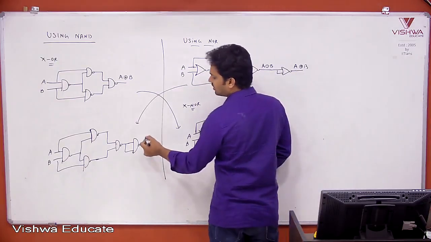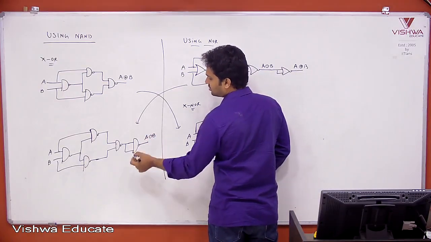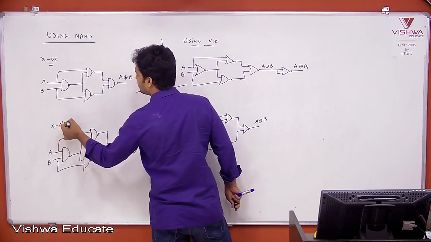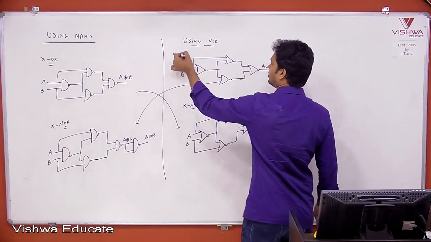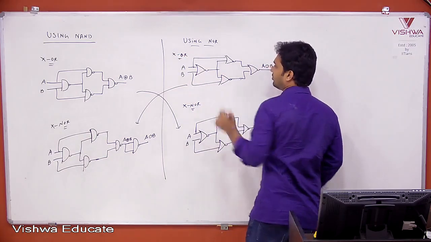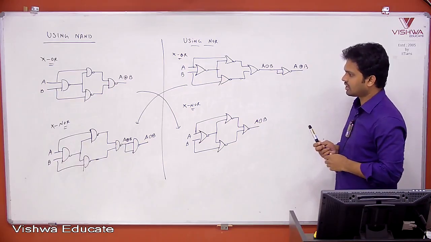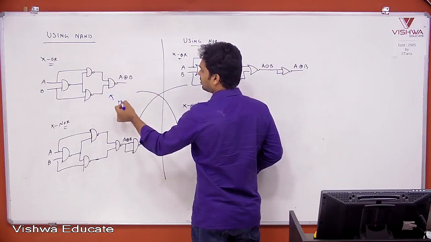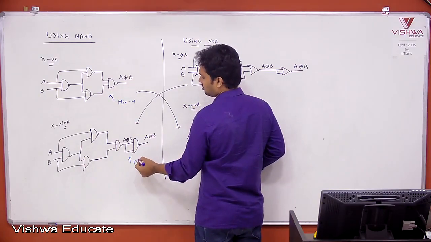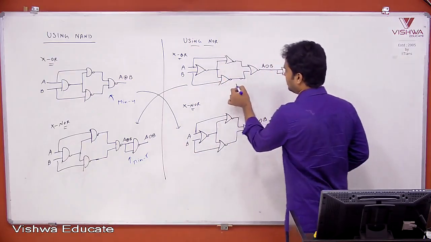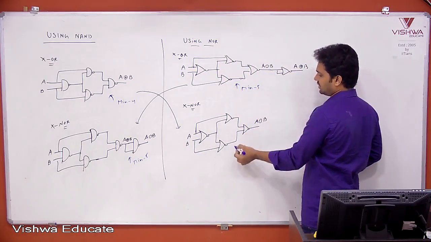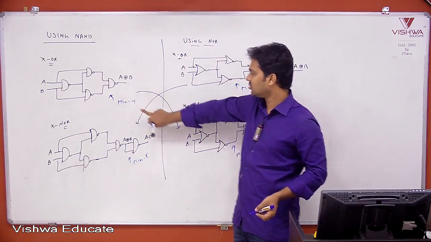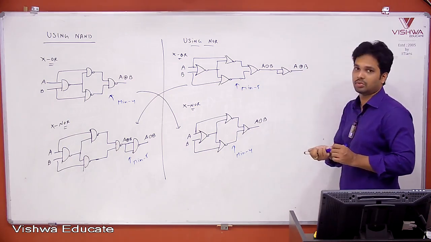XOR. Then here it will become the dual, XOR. So these are the final conclusions of XOR gate and XNOR gate using NAND gates and NOR gates. Here how many are there? 1, 2, 3, 4. Here 5. Here 5 and here 4. If you remember the first figure, that is sufficient. You can make all other figures by using the duality property.